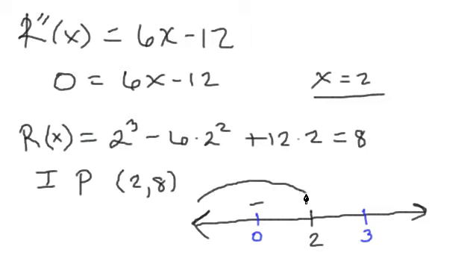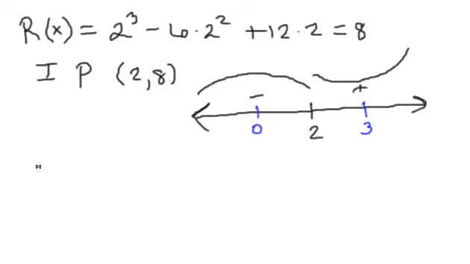So I'll draw a line so we know it's concave down from negative infinity up to 2. And then I plug 3 in, and 6 times 3 is 18. And 18 minus 12 is going to be a positive number. Okay, and then we say that the graph is concave up from 2 to infinity.